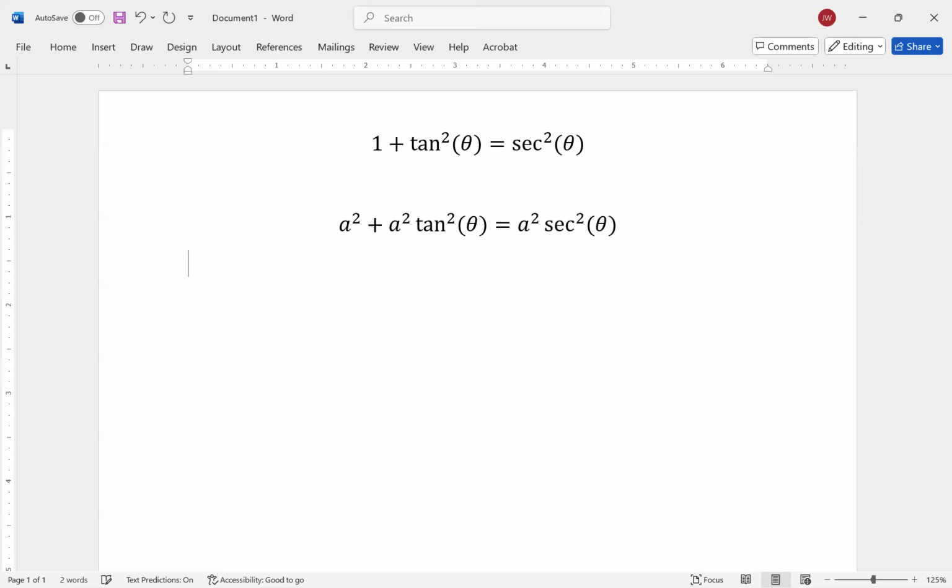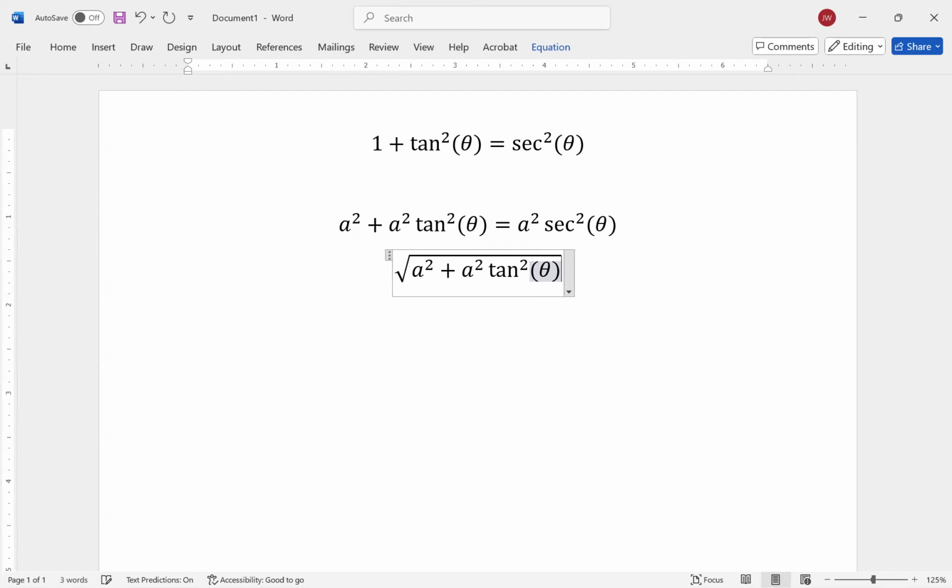Now notice what happens when I take the square root of both sides. I get the square root of a squared plus a squared times tangent squared of theta.